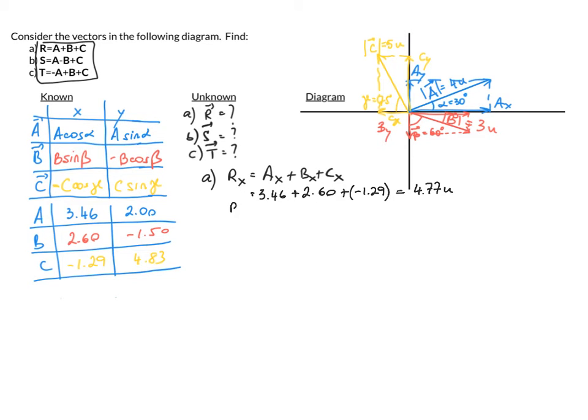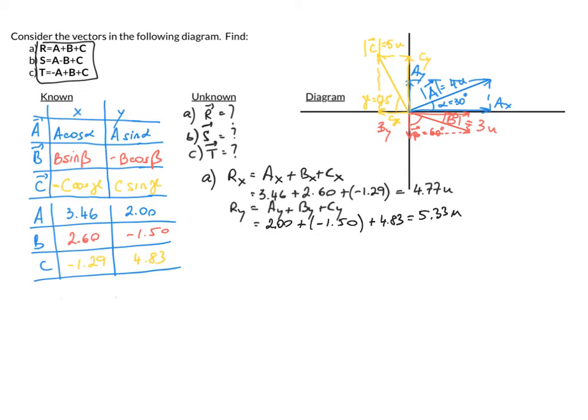Then we do a similar thing for r sub y. R sub y is a sub y plus b sub y plus c sub y. And then I take the values from here, so I add these things up together, and that would be 2 plus negative 1.50 plus 4.83, and those added together will give us 5.33 units.